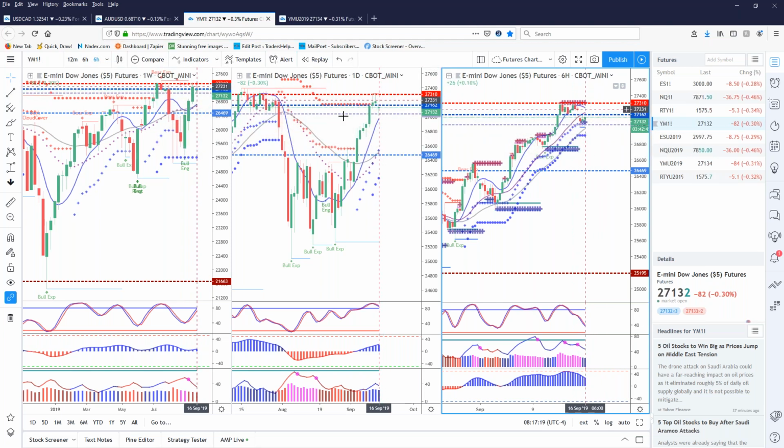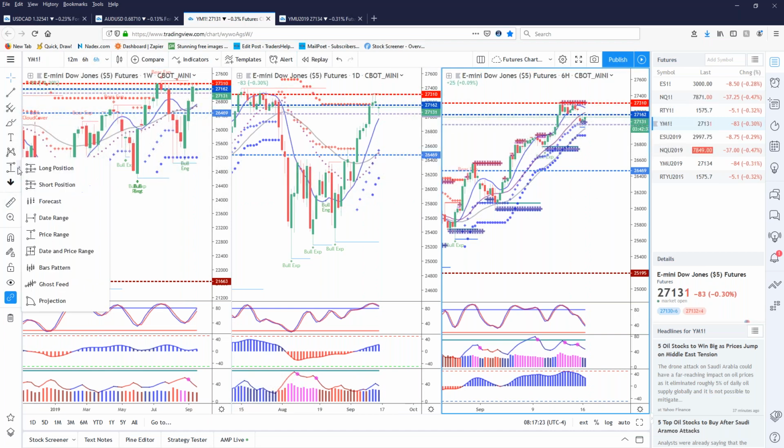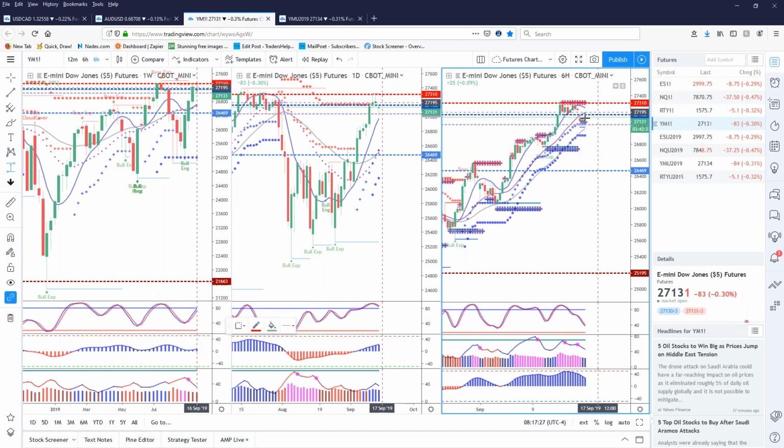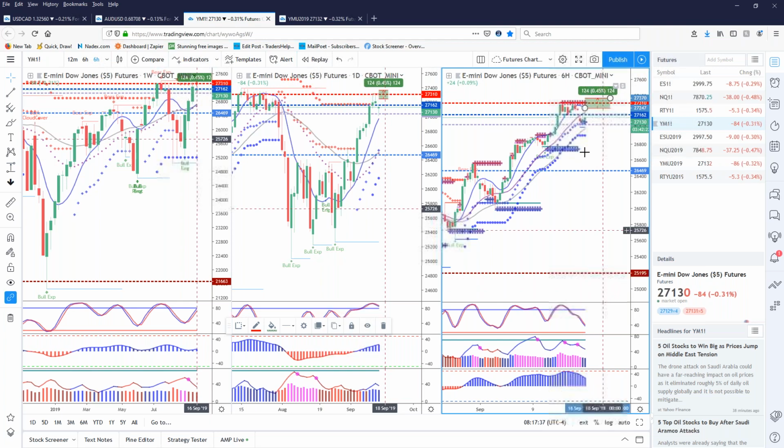As it stands right now, I would be looking at an area, and I'm just going to highlight it with this one. Okay, I'm looking at an area between here that it may go in actually test, okay? And if it does not break through that area this week, we're going to see more downward movement on the Dow, I think. That's just an opinion, but that's what I think.